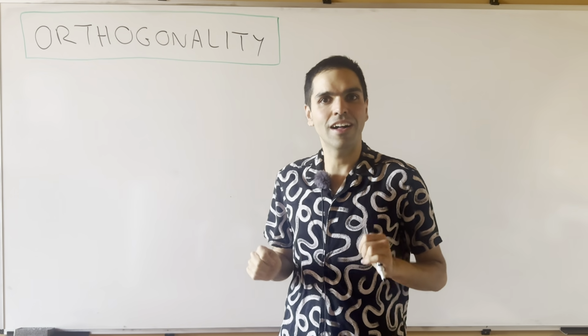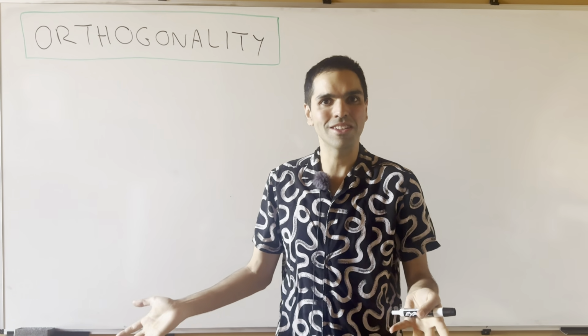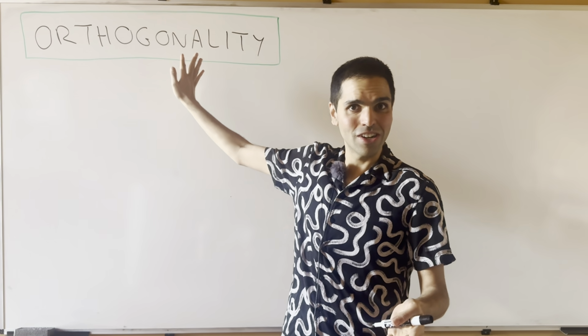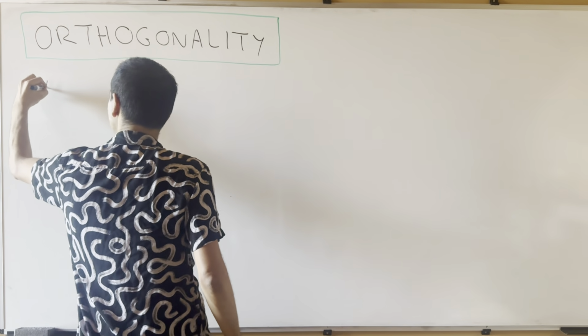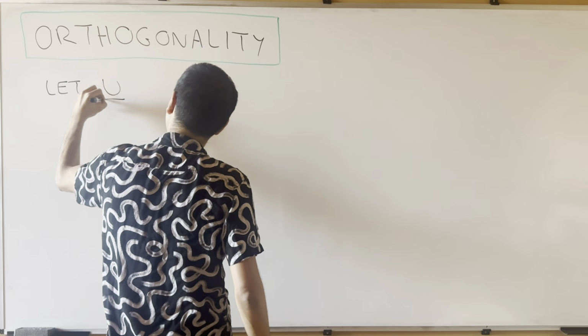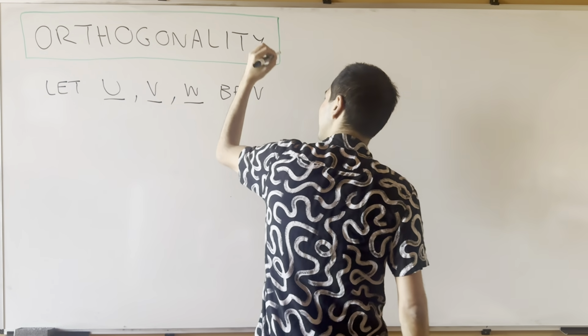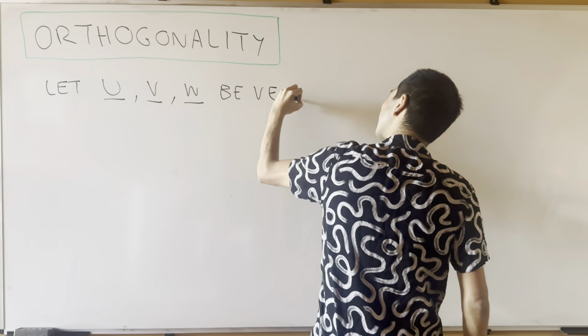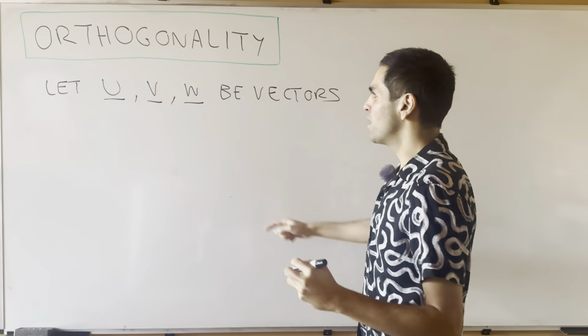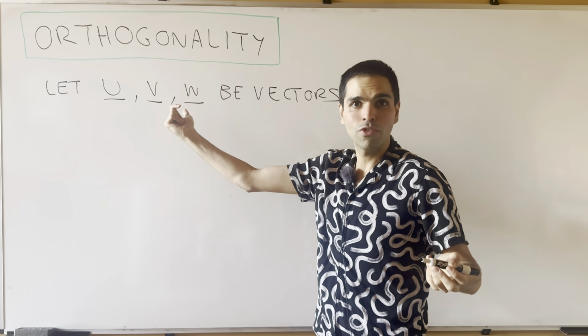And here's a linear algebra topic that is crucial for what's to come, namely orthogonality. So here, let u, v, w be vectors. What's your vector, Victor? And by the way, when I write underline, I really mean boldface.